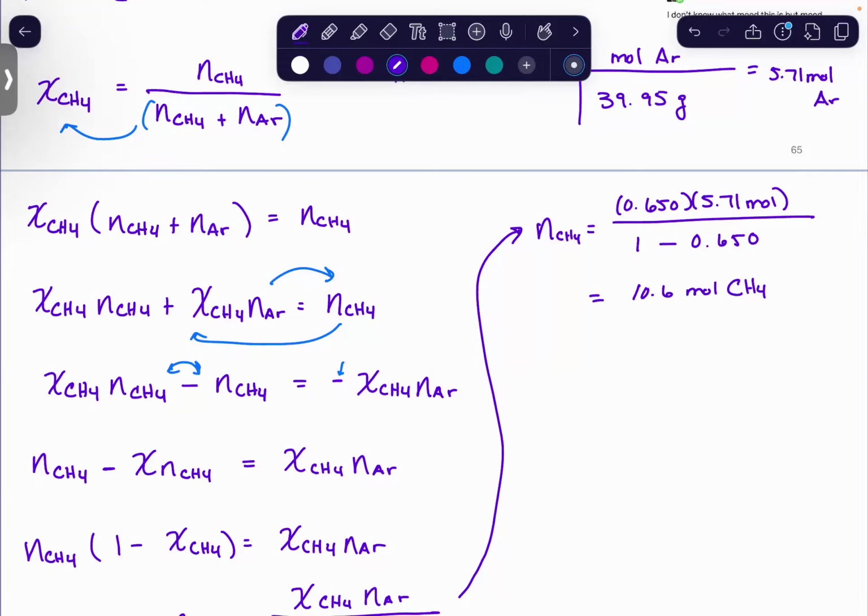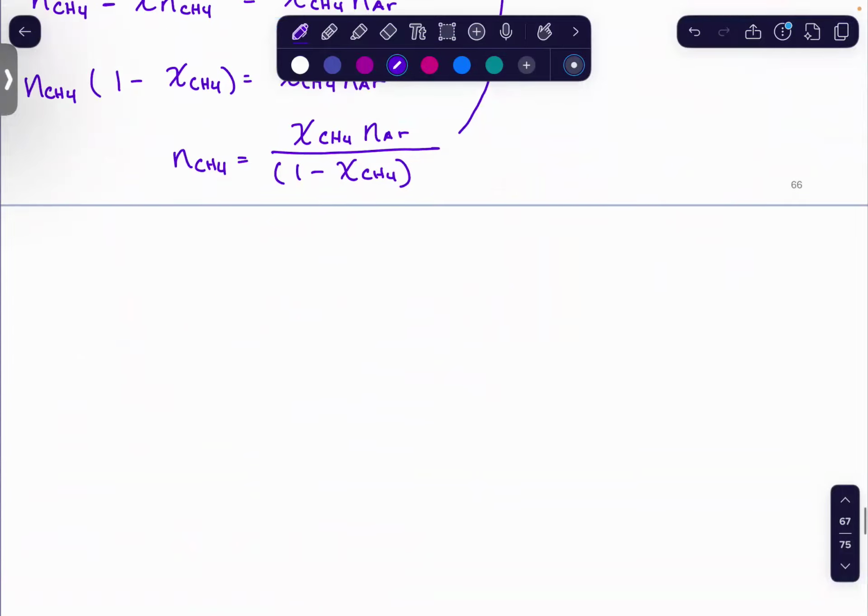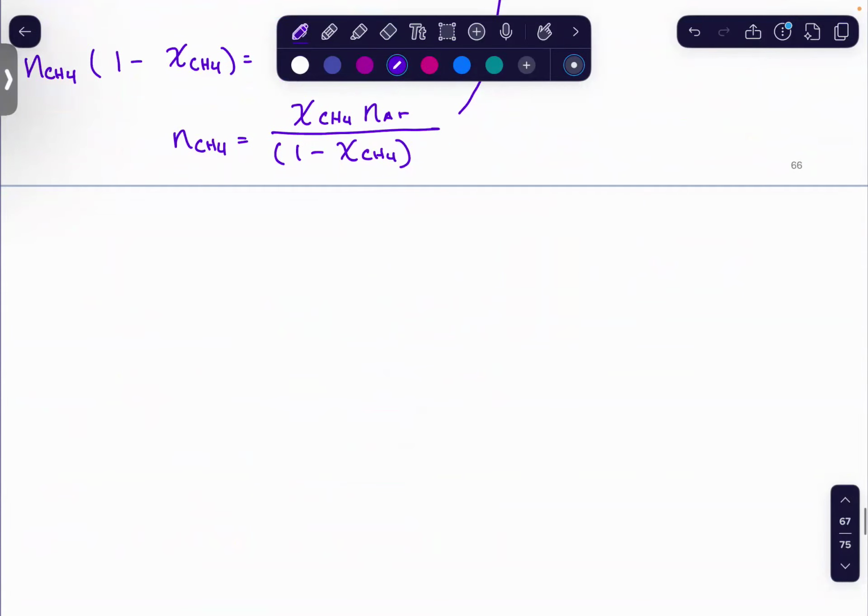Now I have the moles of argon in the chamber. I have the moles of CH4 in the chamber. And so I remind myself that my average kinetic energy is 3 halves RT in my molar value.